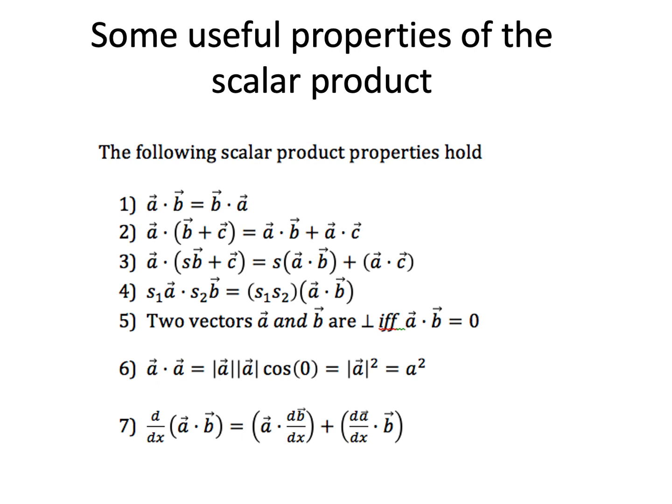Finally, taking derivatives. If you take the derivative of two vectors that are undergoing the scalar product, you basically use the product rule. And I could be differentiating with respect to x, I could be differentiating with respect to time, it doesn't matter. I'm taking the d whatever of this scalar product, and so it's the first one, A, times the derivative of the second one, B, plus the derivative of the first one times the second one.